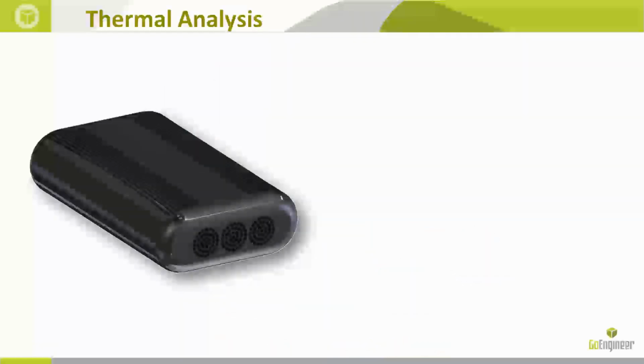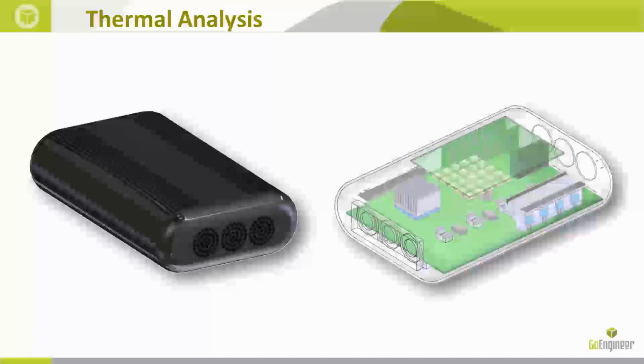Today we're going to look at just an electronics enclosure, and one thing that I wanted to highlight straight away is the model on the right, which is a SOLIDWORKS model, is a lot simpler than the model on the left, which is a real-world example. There are a couple of slots on the top that we're going to take into account in our analysis.